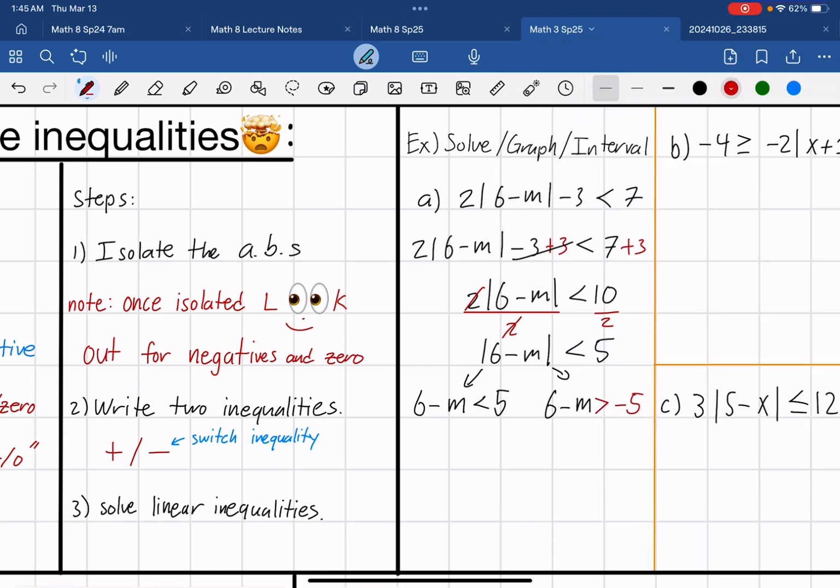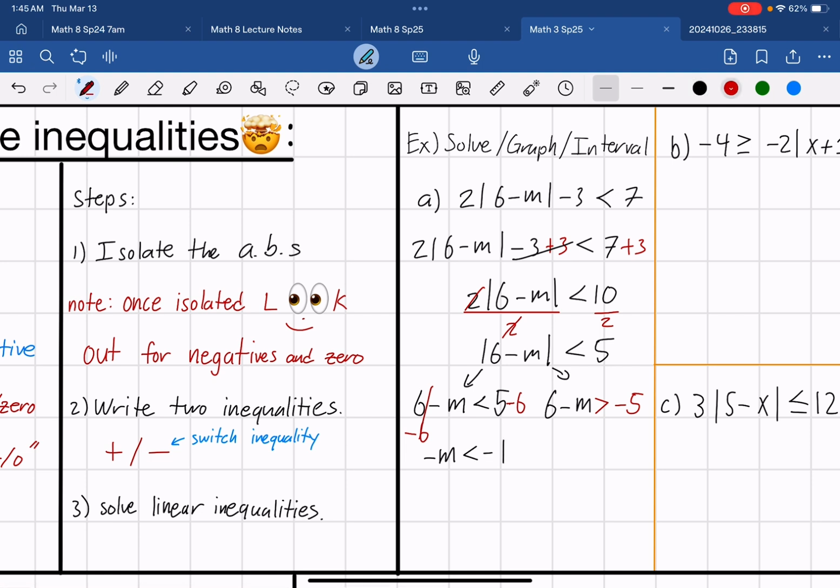So now I'm going to start with this equation on the left-hand side. I'm going to subtract 6 on both sides. I'm trying to squeeze it in, sorry. So that cancels. That's going to leave me with negative m is smaller than negative 1.